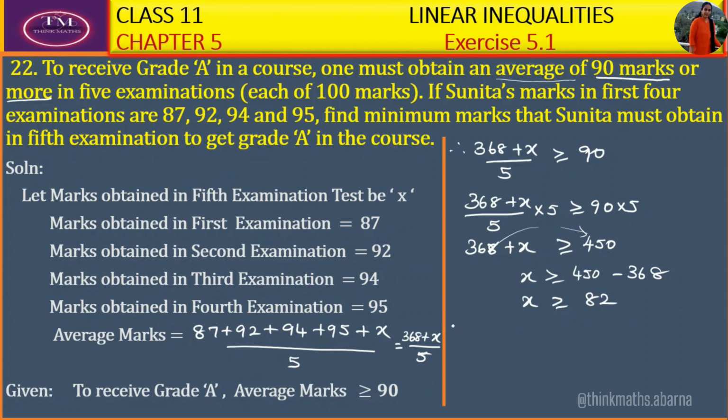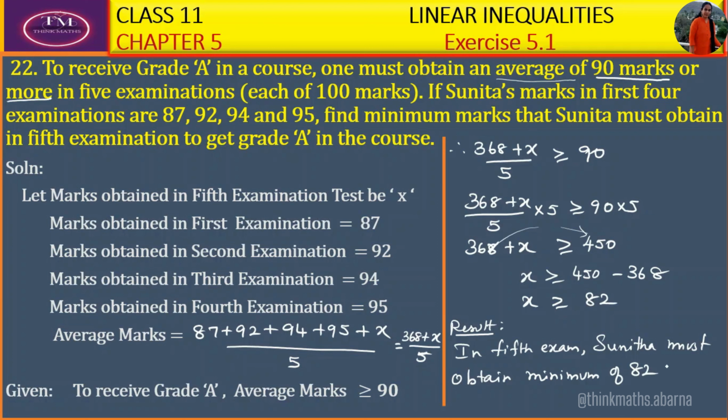So let us write the result. What is the result in the fifth exam? Sunita must obtain a minimum of 82 marks.